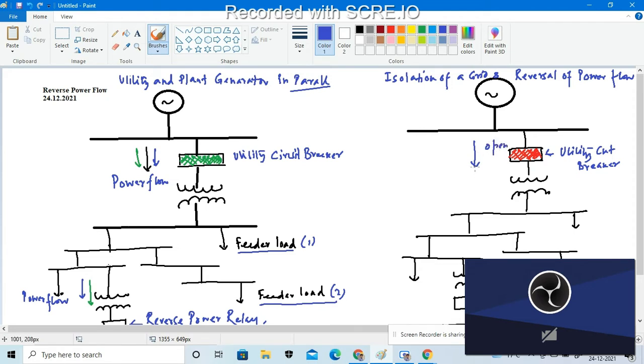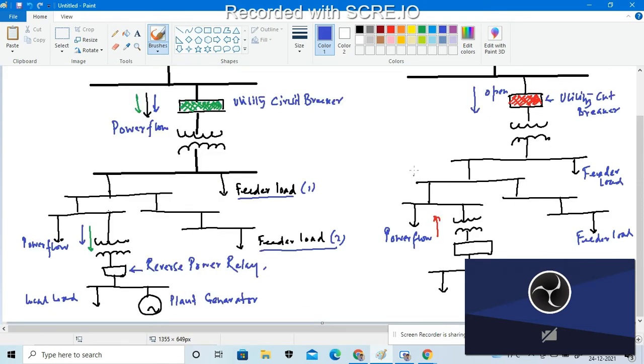The circuit breaker is open. Okay, and this is my different feeder load over here also. Okay, and the power flow will be in these directions. The power flow should be in these directions. Okay, so that is the power flow.